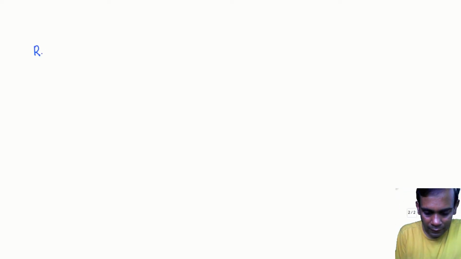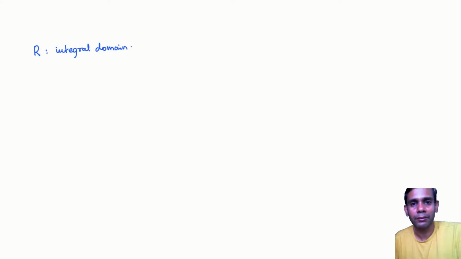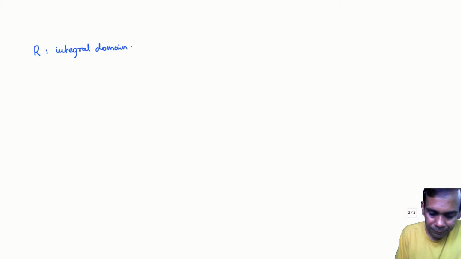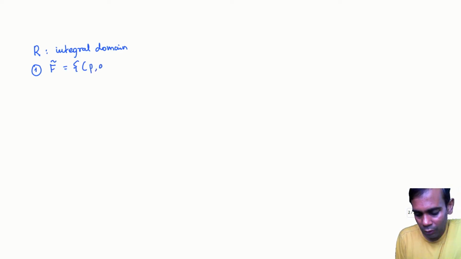So let's start with R, any integral domain, and that means a commutative integral domain. The first step in the construction of its field of fractions is to look at pairs in R. So we'll define F tilde to be the set of all pairs (p, q), where p and q are in R, and we assume that q is not equal to 0.